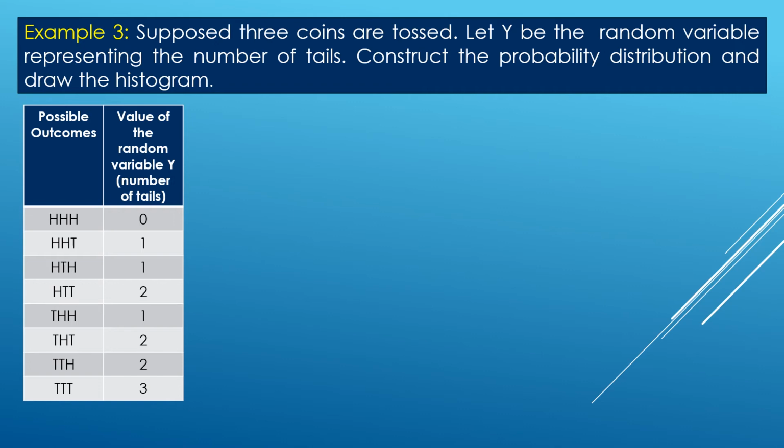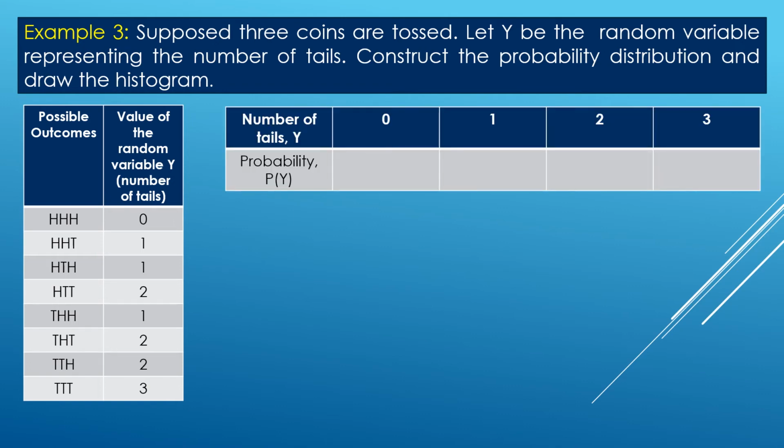Next, we have tail, head, head. We have 1 tail, so we write 1. Then tail, head, tail. We count the number of tails, we have 2. And the next outcome, tail, tail, head. The number of tails is 2. That's why 2 is written here. And the other outcome is tail, tail, tail. So we have 3 tails. That is why the random variable is 3.